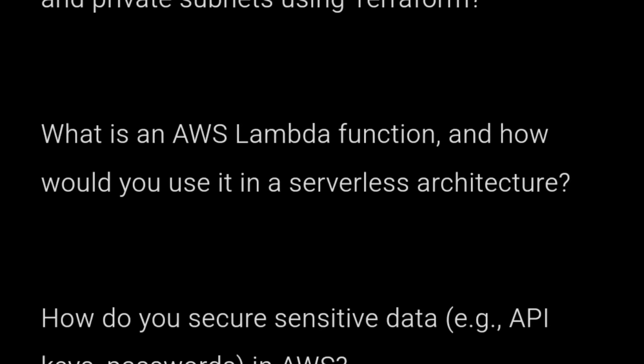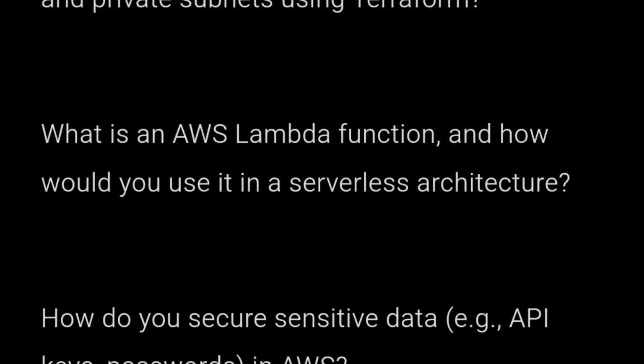And next question was, what is an AWS Lambda function, and how would you use it in a serverless architecture? Basically, an AWS Lambda function lets us run code irrespective of infrastructure provisioning. Lambda runs the code and manages the servers or infrastructure required.